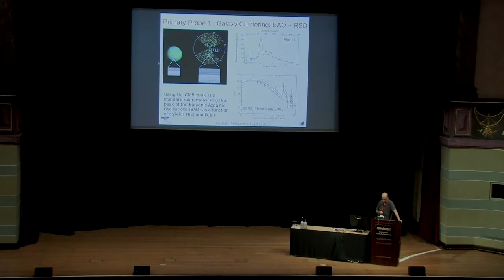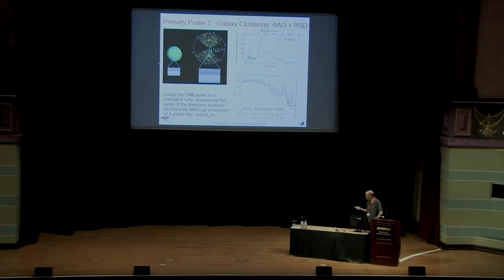So this is the principle of operation of the first probe, galaxy clustering, BAO, and redshift space distortion. The principle of operation is straightforward. You measure the characteristic scale on the large-scale structure of the universe, on the distribution of galaxies, and you do that at different redshifts. And the absolute scale is given by the CMB. This is the sound horizon scale, given by the CMB data, and the scale is 150 megaparsecs.